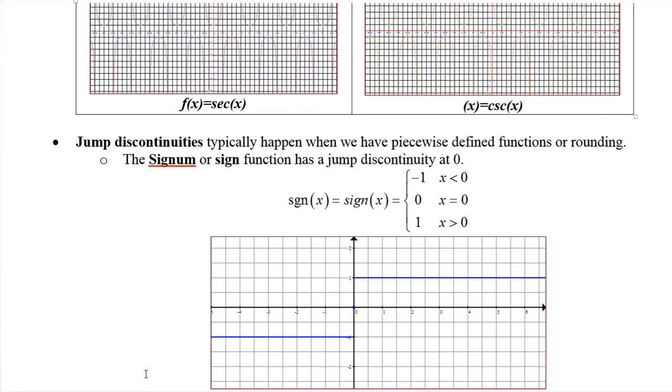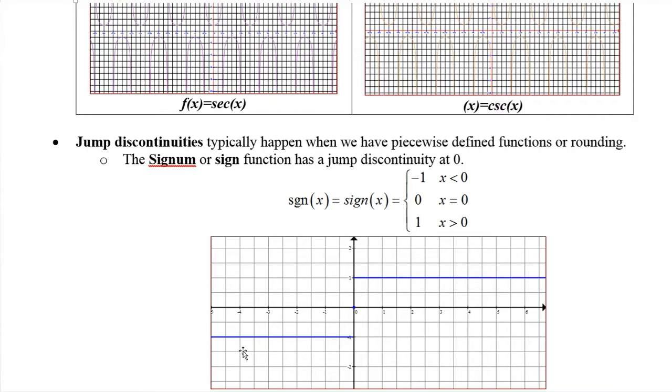The output is -1 when the input is negative, +1 when the input is positive, and 0 when the input is 0. So basically, you want to think of it as retaining the sign only and not the magnitude. All the negatives are sent to -1 and all the positives are sent to 1, and 0 is neither positive nor negative, so it's left alone at 0.